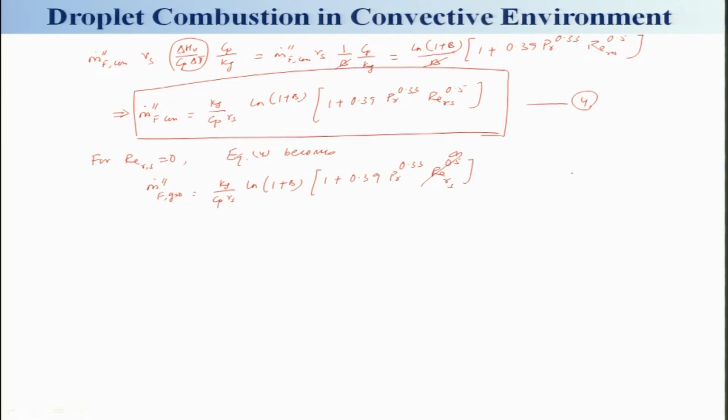So this will be 0. So then this will be basically Kg by Cp Rs ln 1 plus B.